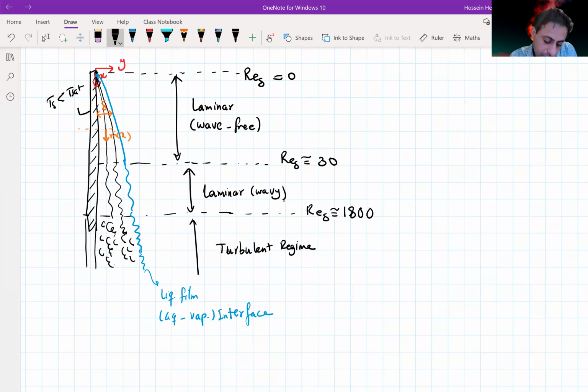And generally, for defining the heat transfer rate or the convective heat transfer coefficients, we look at the end of the plate. Let's say this is the length of the plate L, and we look to see in which regime we are located. The way we define this Reynolds number is based on delta, as I mentioned.